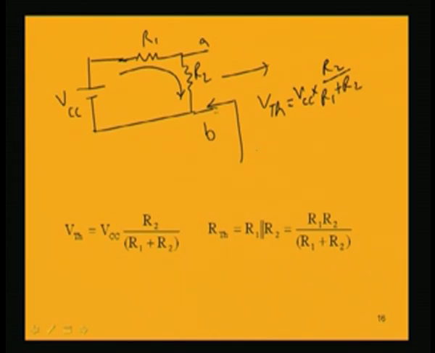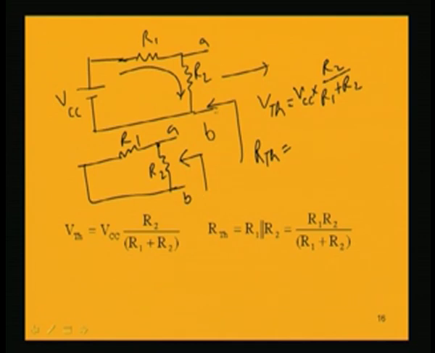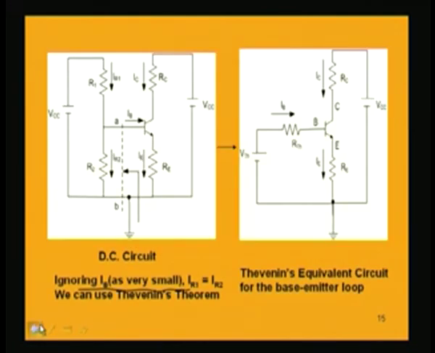And while finding the Thevenin's equivalent resistance, we must kill this voltage source, the independent source. So, across AB we are finding the equivalent resistance looking from this terminal. Mind it, this point is ground.